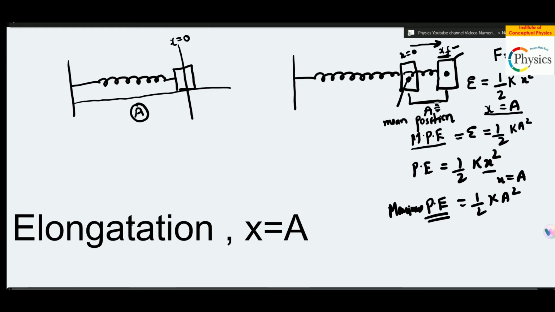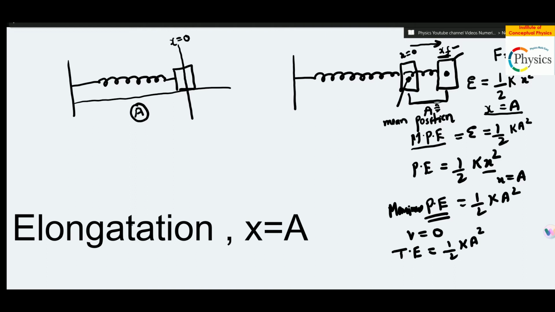The other key feature when the body is at the extreme position is that the velocity of the body is 0. So the total energy of the body at the extreme position is half kA squared plus the kinetic energy, which is half mv squared. Velocity is 0 when x is equal to A, because right now it is at the extreme position.